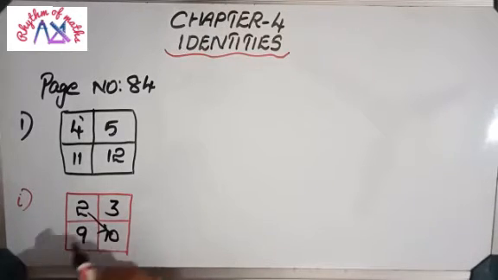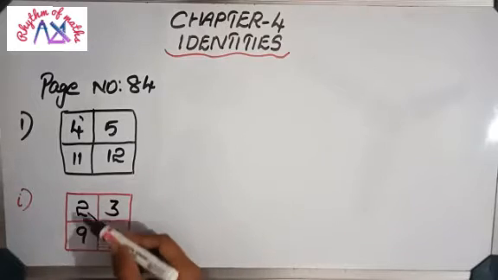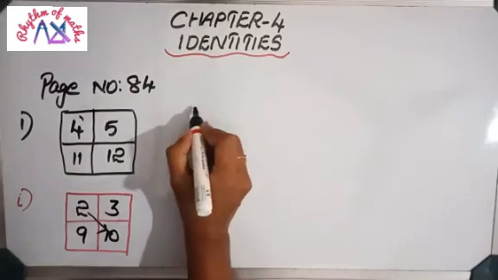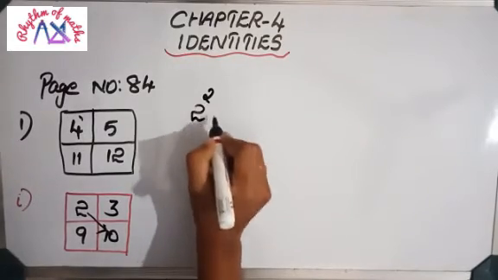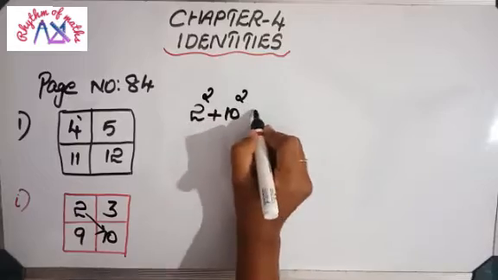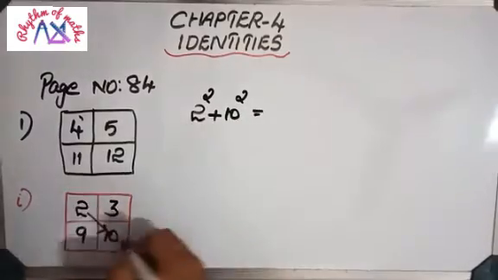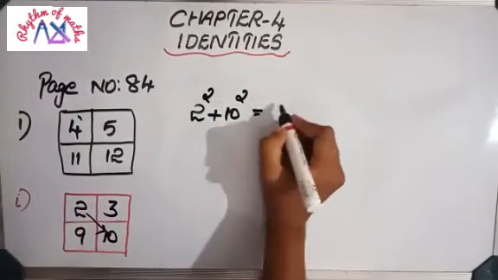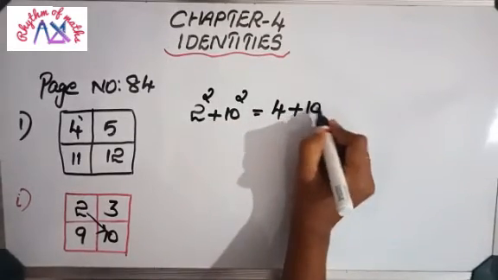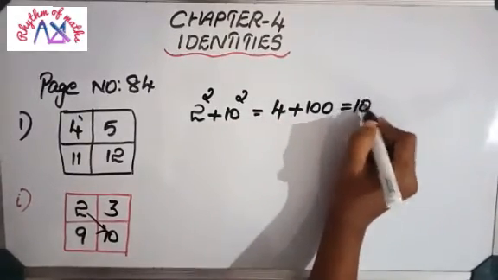First we find the squares of these two numbers and their sum. 2 square plus 10 square: 4 plus 100, that is 104.